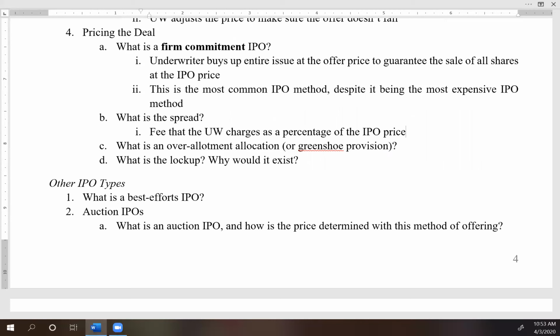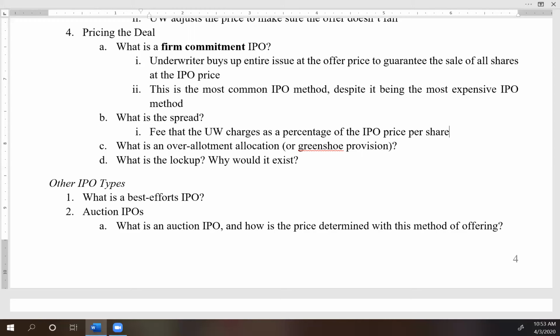This fee is for undergoing the book building process, and for setting up the price of the IPO. Basically, all the work that they do in the IPO process, they're able to get paid because of this spread.